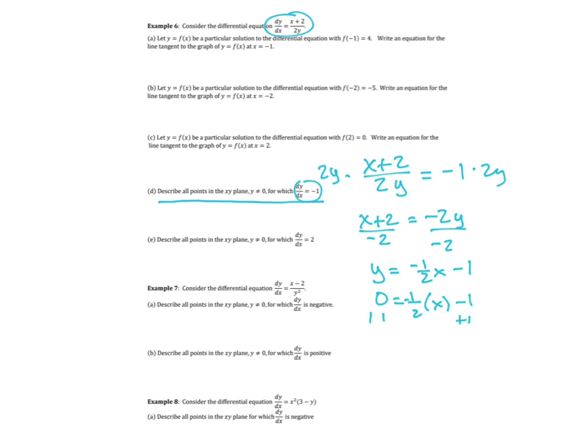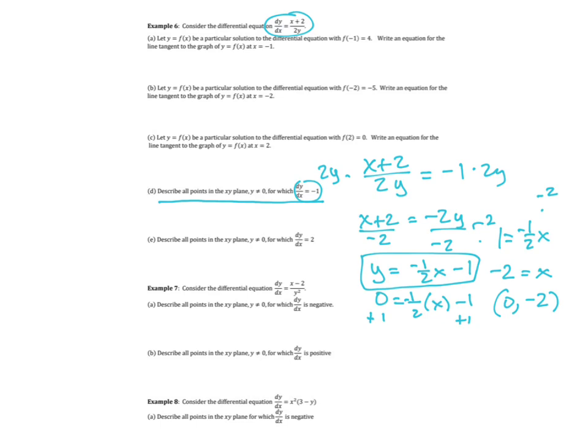Add 1 to both sides. 1 is equal to -1/2 x, so we multiply by -2. -2 is x. So except at the point 0, -2, all of the slopes on this line would equal -1.